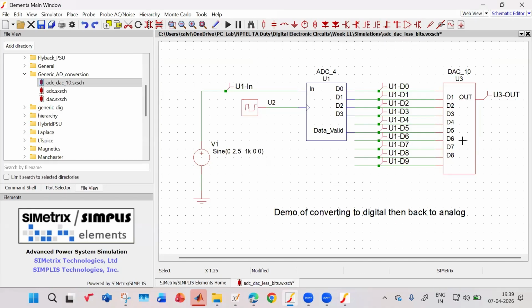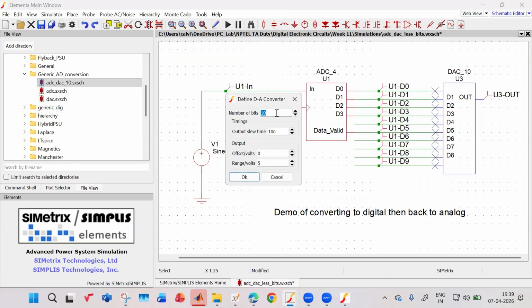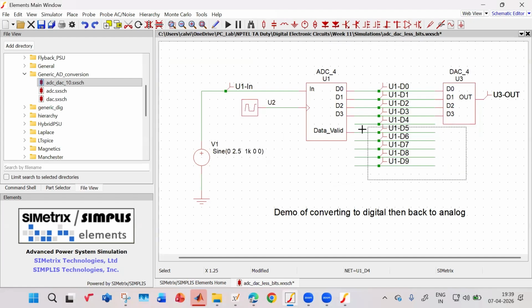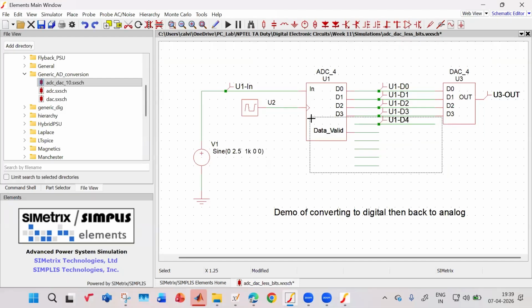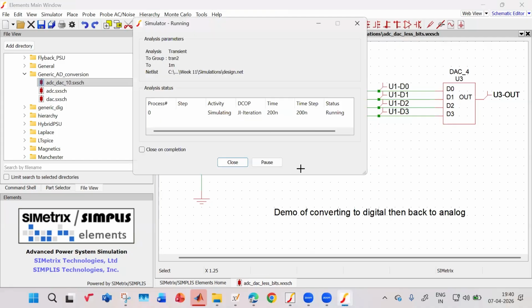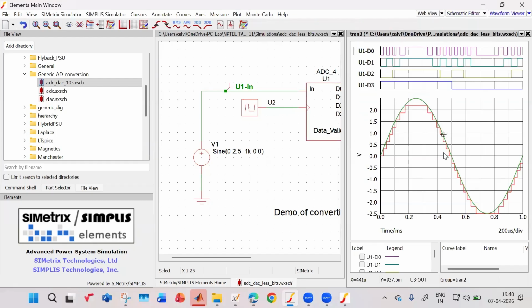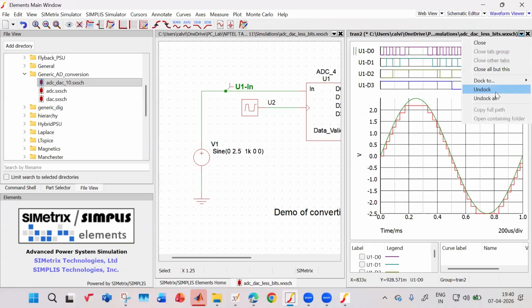This also 4 bits. These are all not needed. Run it. Yeah. Okay. Now let me undock it.